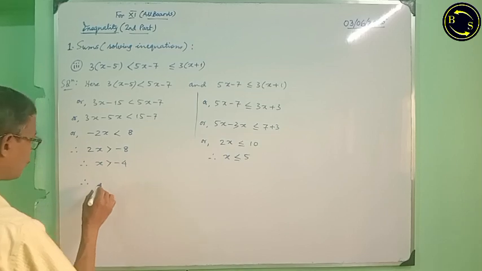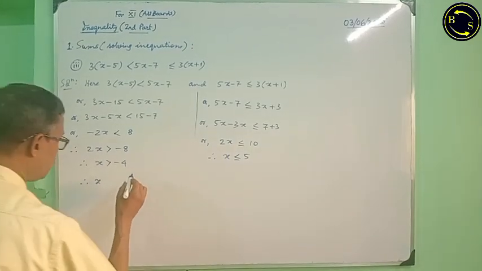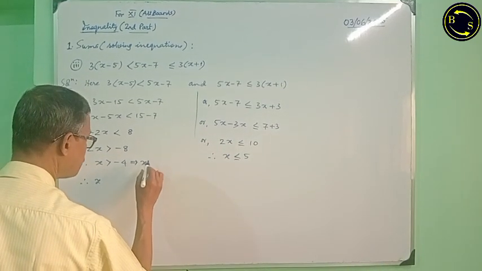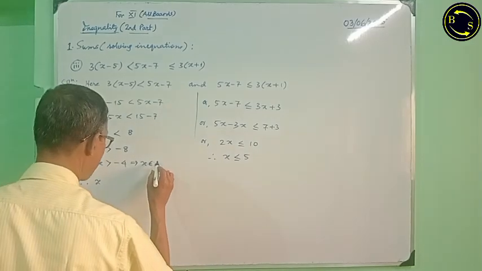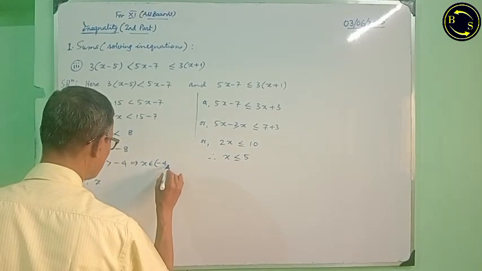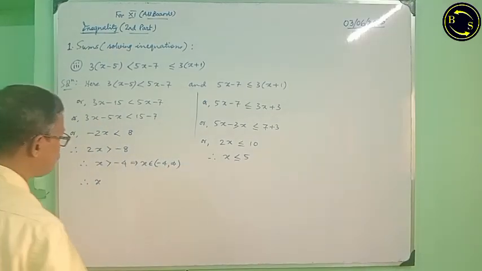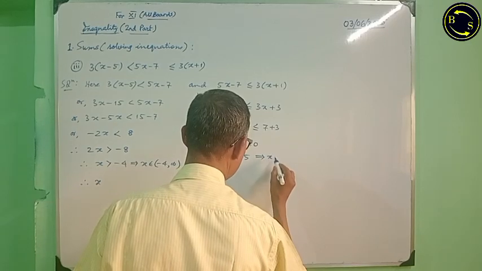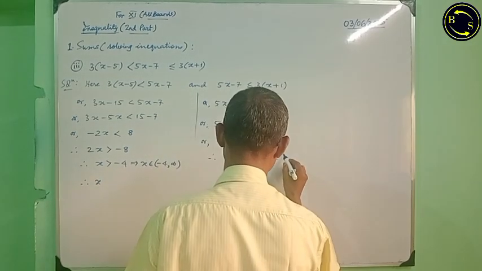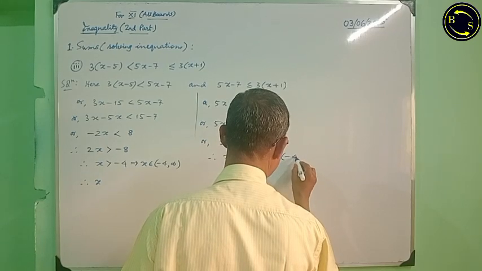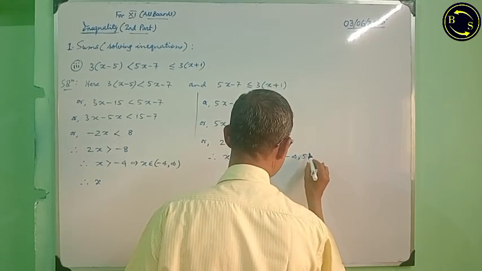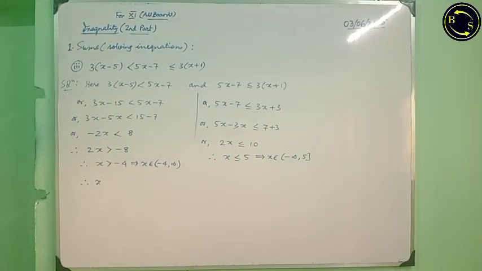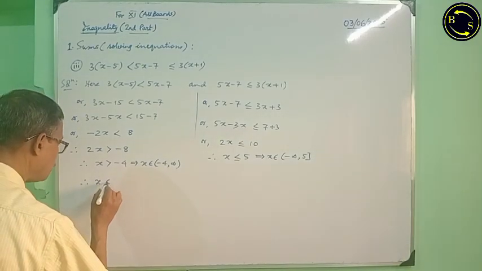Therefore, also you can write it in this form: x belongs to minus 4, infinity, and this can be represented also: x belongs to. Therefore x belongs to.